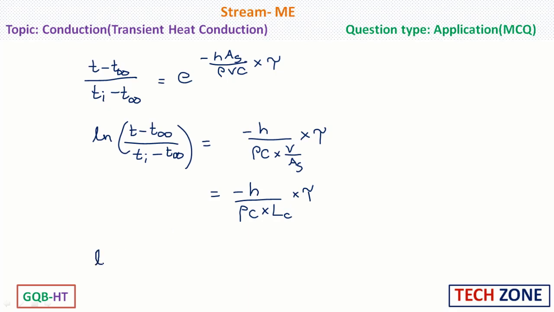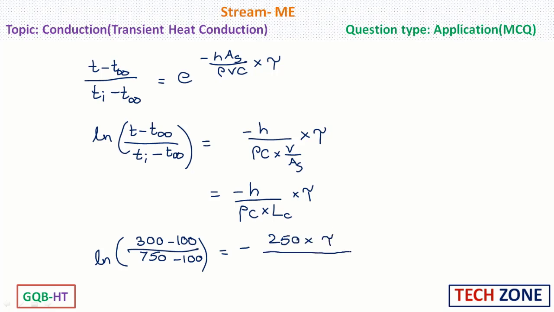Now substituting the values, ln of (300 minus 100) by (750 minus 100) is equal to minus h value 250 into tau, which we need to determine, by density 7801 into specific heat 473 multiplied by LC 0.0025.